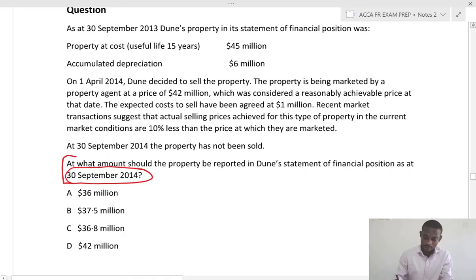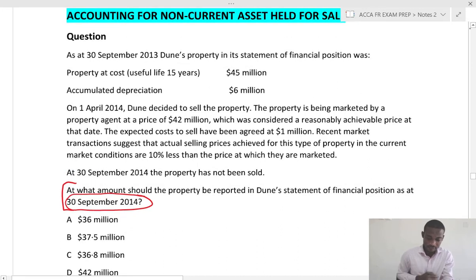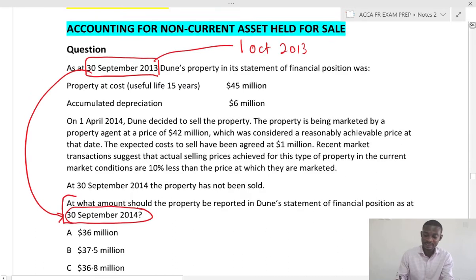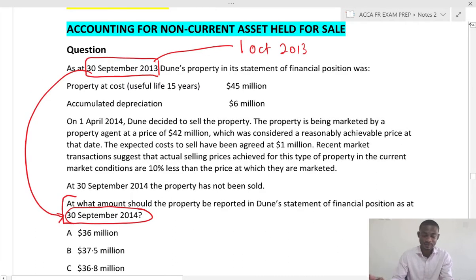Now, here we have an extract from the financial position of Don's as at 30th September 2013. If you reconcile these to the current year end, it means that this was the previous year, and the year would start 1st October 2013. Very important to have this understanding as we solve the questions.